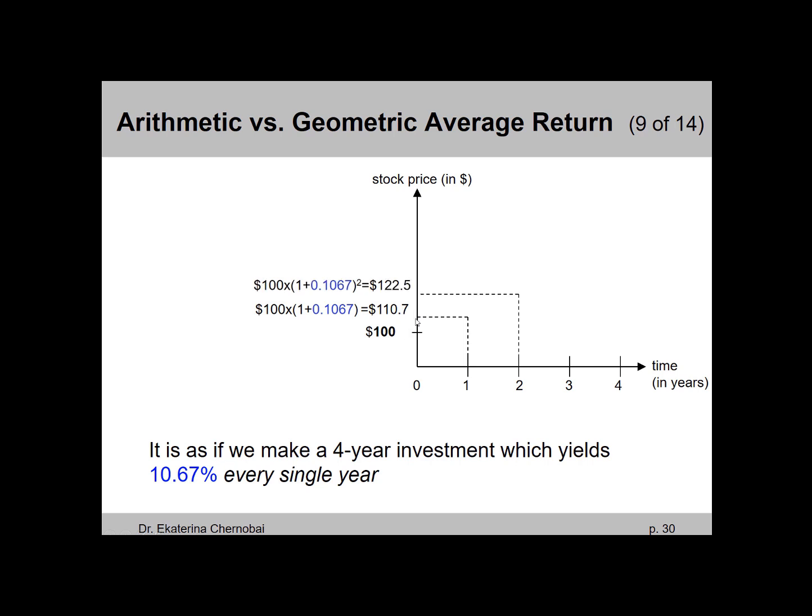Then our money grows by another 10.67% over the second year, right? As if. In which case, at the end of year 2, it's as if we have 122.5. Same in year 3, same in year 4. Guess what we get as a result? $150. This is what we were given, right?